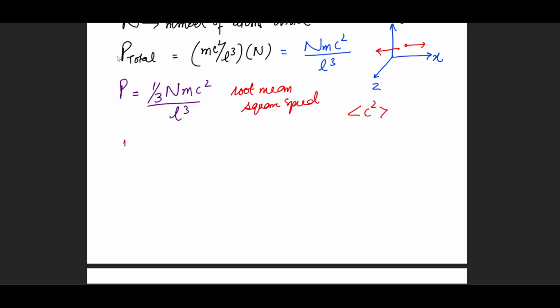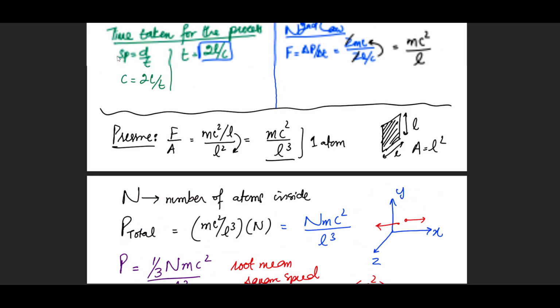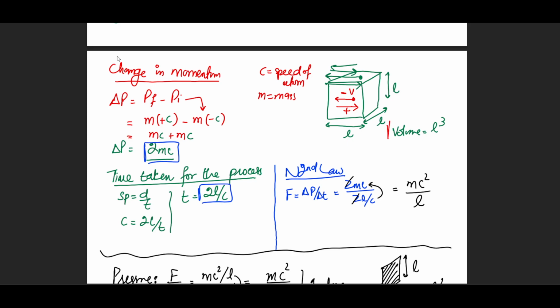Okay. So this will be pressure is equal to 1 over 3 nm with the root mean square symbol, divided by L cubed. Now, if we go back, we can remember that L cubed was basically our volume, right?